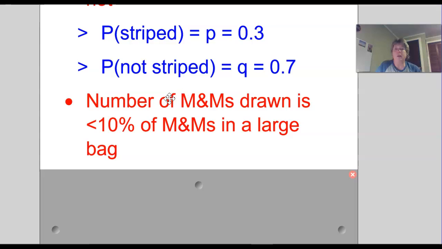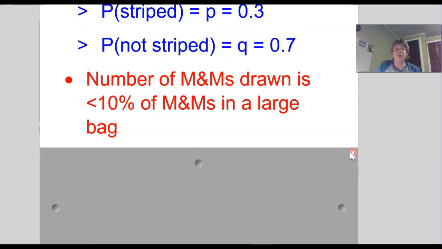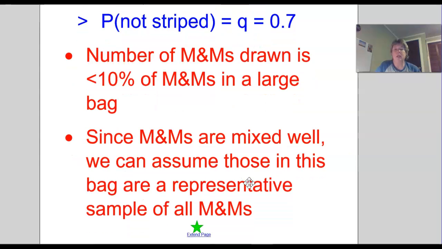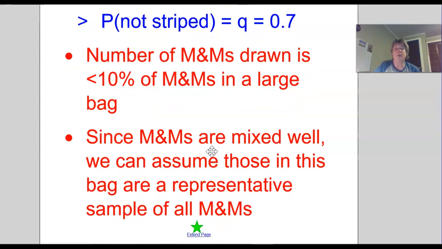So the first two things are what you would check if you just want to see if there are Bernoulli trials. But in order to say that P is 0.3, we also need to check that we have a representative sample. So sometimes you'll just check this by saying that the sample was randomly drawn. Here, we're going to assume, because they said that the M&Ms are mixed well before they're placed in the bags, that the bag of M&Ms we have is a representative sample of all of the M&Ms. And again, the reason we need to do that is because if we don't have a representative sample of all M&Ms, then I can't operate on the assumption that 30% of the M&Ms in my bag are striped ones. And I need to assume that, otherwise I'm stuck.